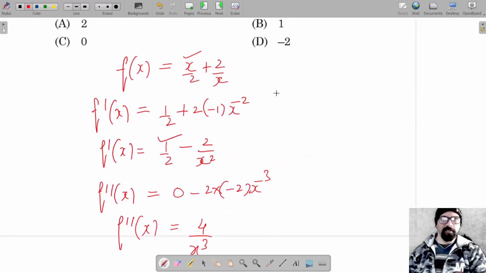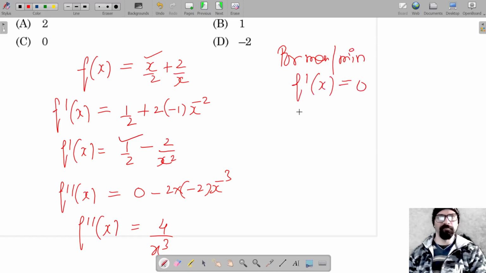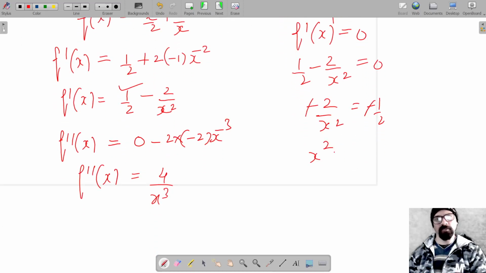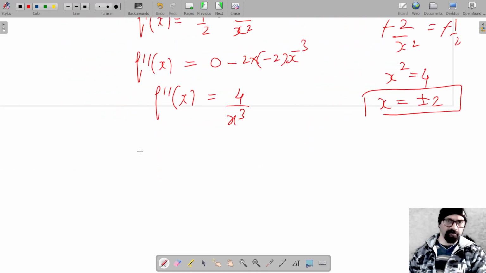Okay, let's find out the critical point for maxima or minima. For maxima or minima, f dash x should be equal to 0. So f dash x is half minus 2 by x square is equal to 0, which gives me minus 2 by x square is equal to negative half, and x square is equal to 4. So x is equal to plus minus 2. Now let's check which is the point of maxima.